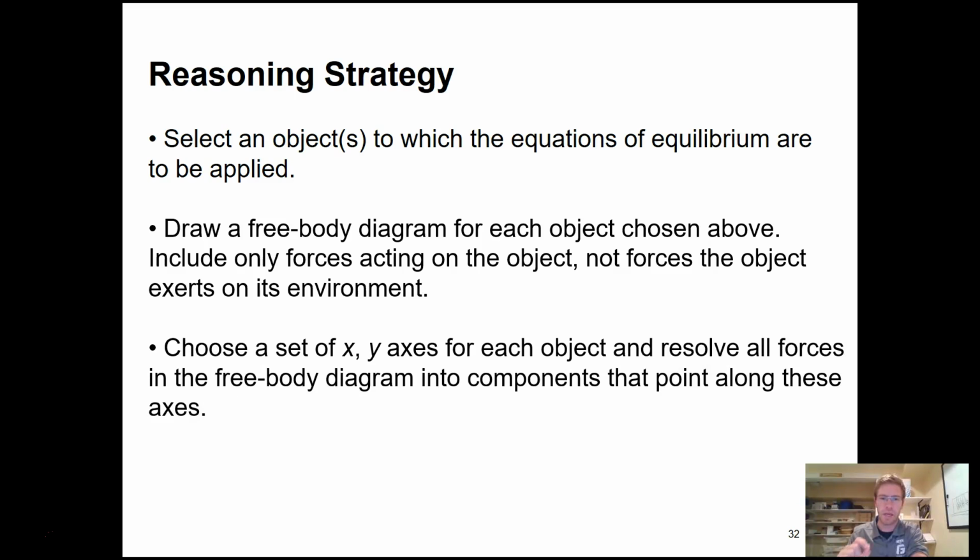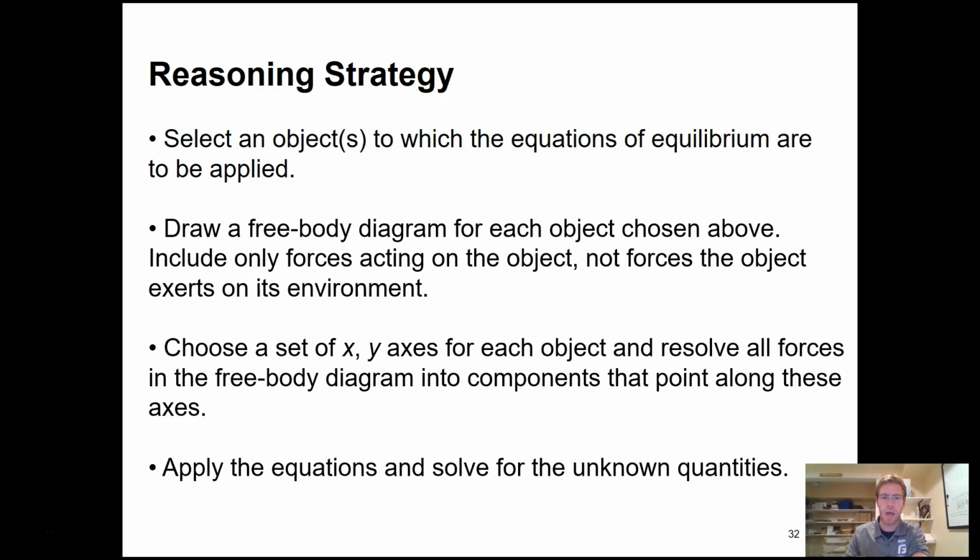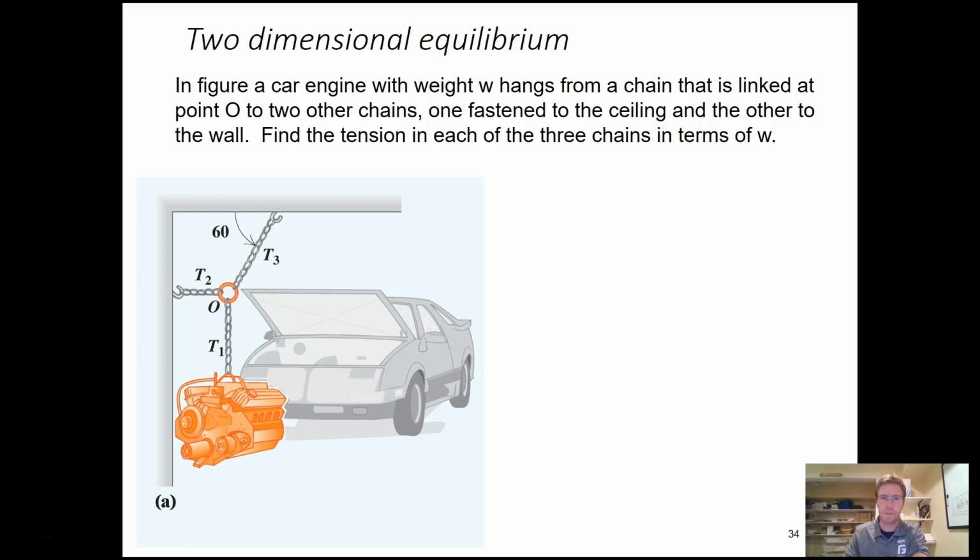Then once you do that, label x and y axes. Make sure you have forces all either in the x or y direction. If not, you have to use vector components, break them into their x and y components, and then use your equations of equilibrium to try to solve. Set up the sum of the forces in the x direction, the sum of the forces in the y direction, and so on.